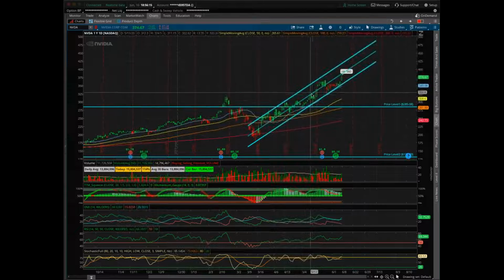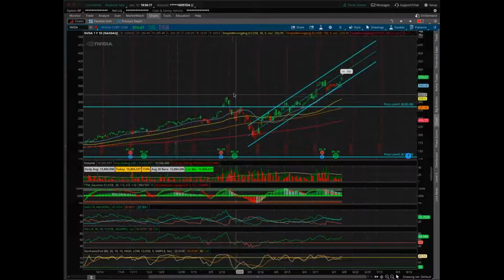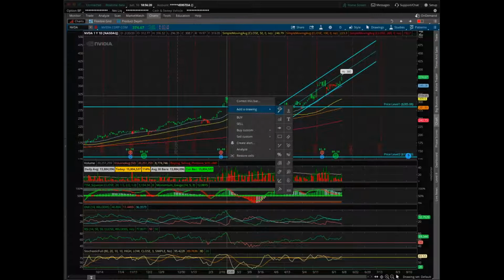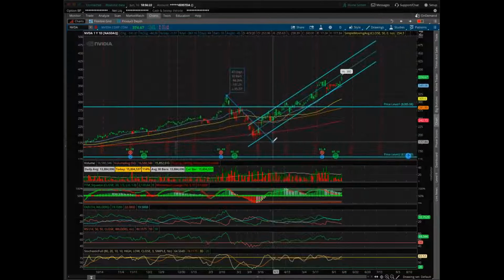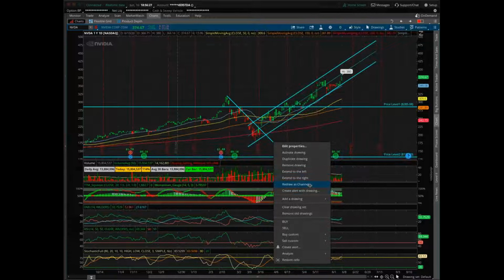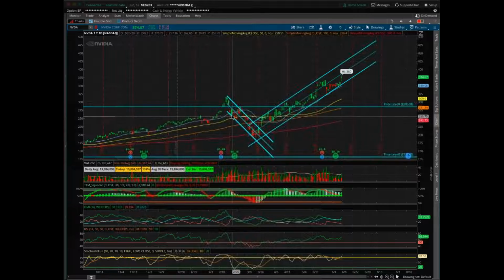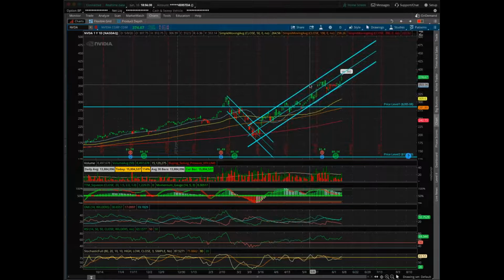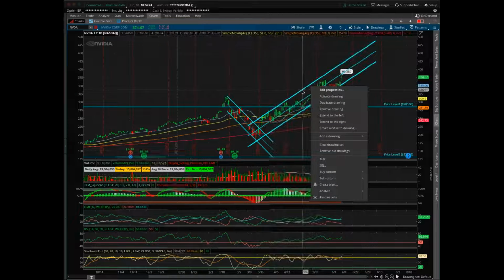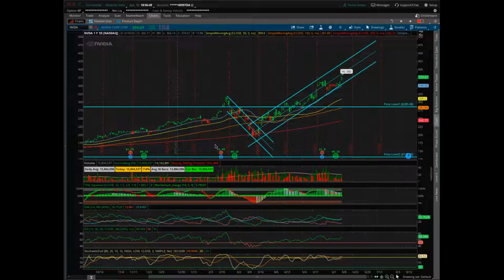And how to get these channels is you're going to draw a trend line, double click on it, click redraw as channel. Okay, push it on the other end, and then how to get the middle line is you're going to double click on the channel itself, click edit properties, and a box is going to come up.